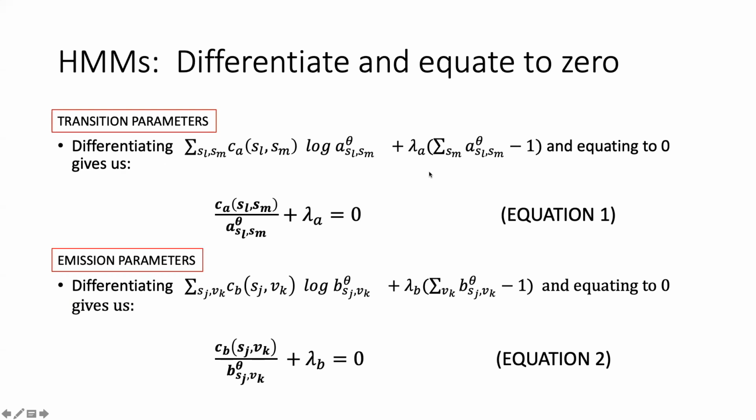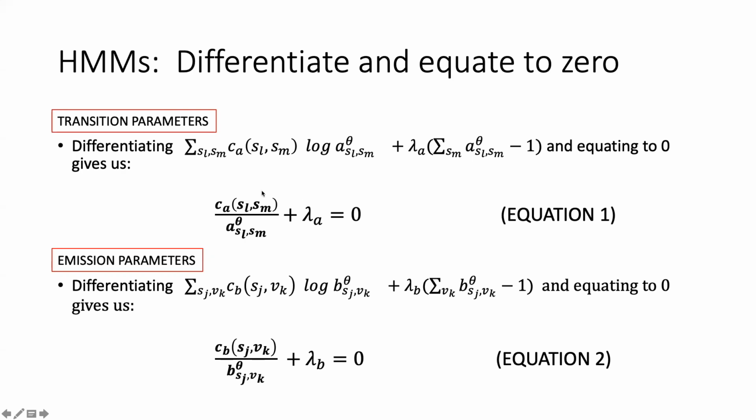In this objective function, we have to differentiate with respect to A_{s_l, s_m}, which are the transition parameters we are interested in estimating. In this particular summation, there is only one term which will be dependent on A_{s_l, s_m}. Similarly here, so differentiating with respect to A_{s_l, s_m} will result in C_A divided by A_{s_l, s_m} plus this factor, which turns out to be lambda A.